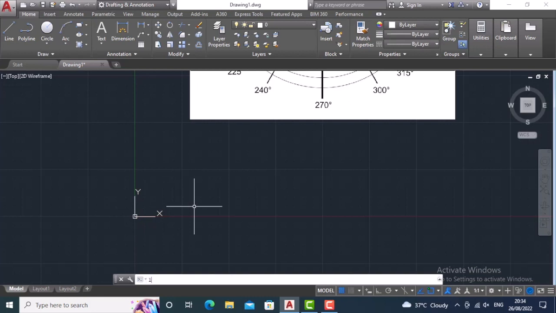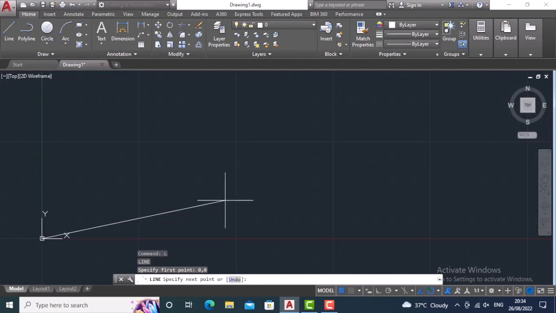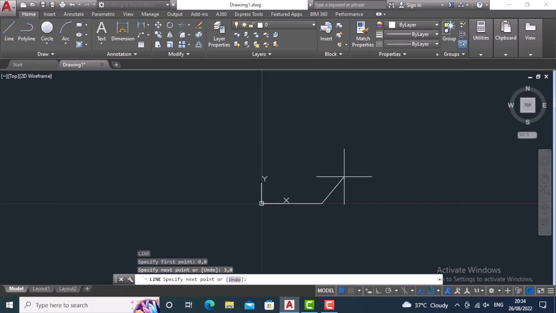So first we will enter line, then the first point will be 0 and 0. Then the second point, as we said, in the x direction we need 3 units, so the x direction will be 3 and the y direction will be 0. So 3 and 0.